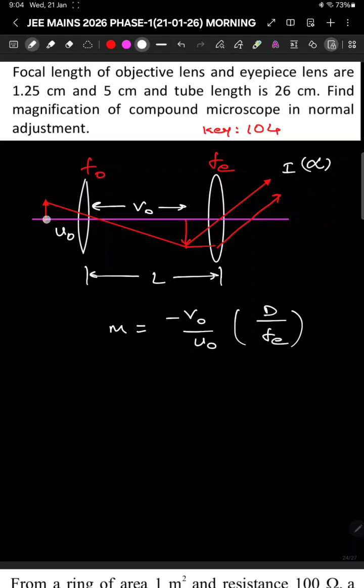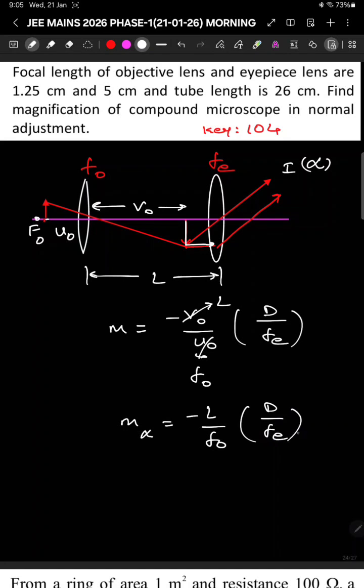When the object is very close to the focus of the objective, the image of this objective will be very far. That means V0 will be very close to L when U0 is equal to F0. So the magnification at infinity will be minus L by F0 into D by Fe.